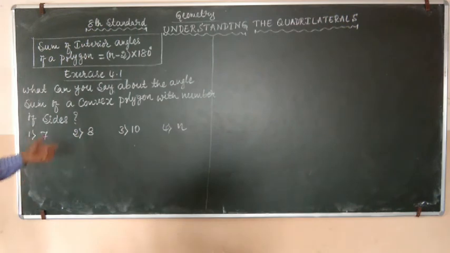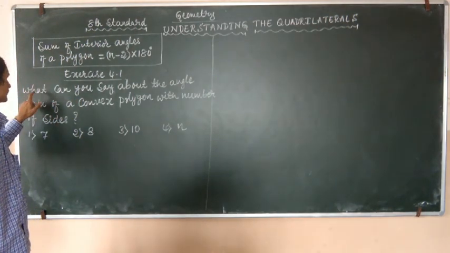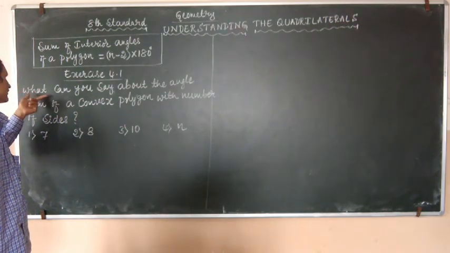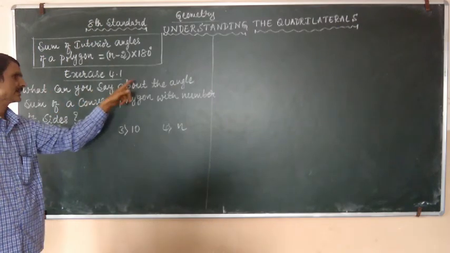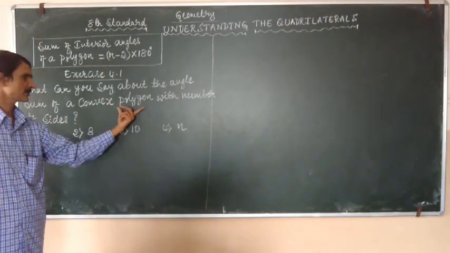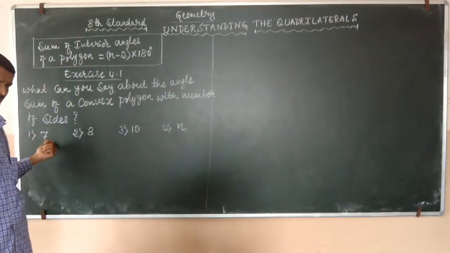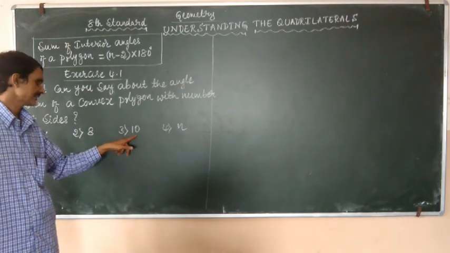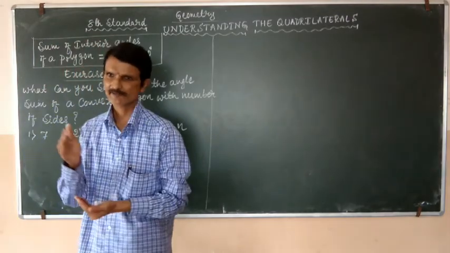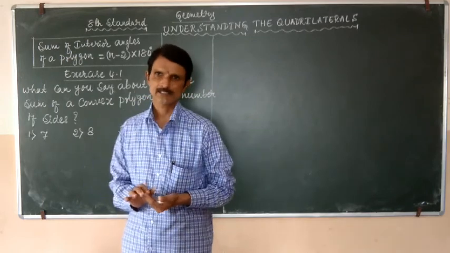Students, so observe the problem and try to understand the problem. What can you say about the angle sum of a convex polygon with the number of sides 7, 8, 10 and n? So that means if the polygon has 7 sides, what is the sum of the interior angles?